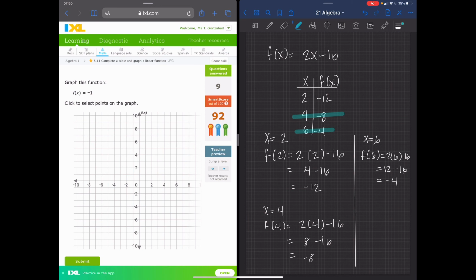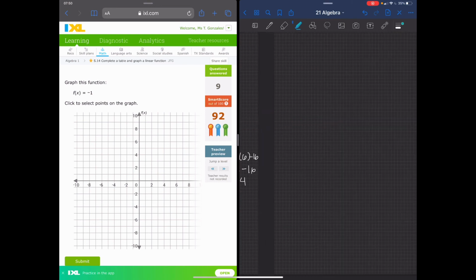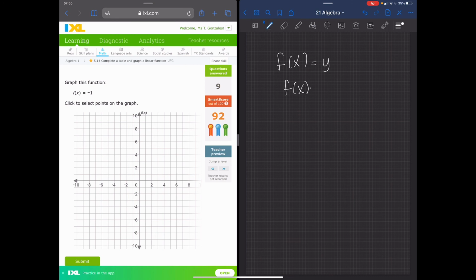So where f of x equals negative 1. Remember that f of x is the same thing as y. So f of x equals negative 1 is basically saying y equals negative 1. So wherever the y's are, so this is the x and that's the y.